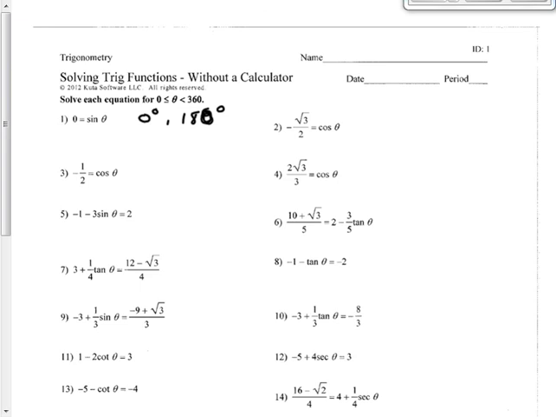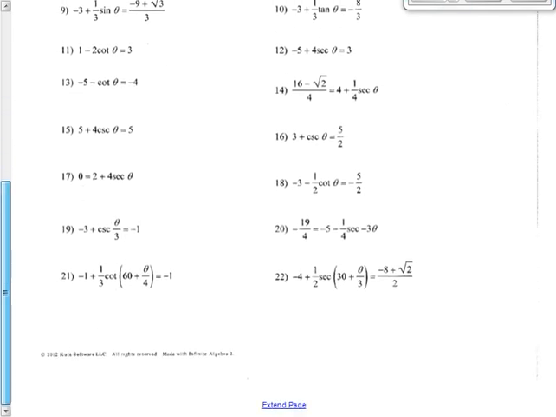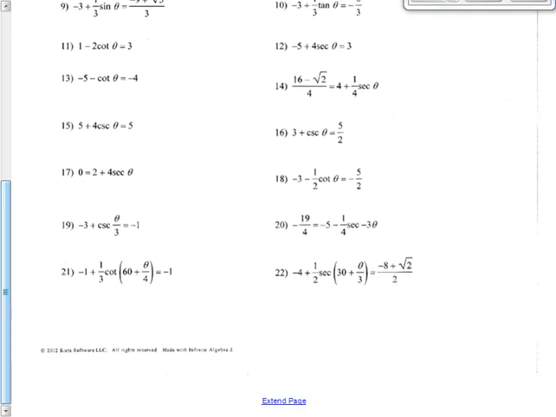Okay, so if you're going through and you're doing a problem, let's say like, I don't know, number 19. Number 19, we have to solve for theta by itself. So I end up adding 3 to both sides. So I want to have the cosecant of theta divided by 3 is equal to 2.